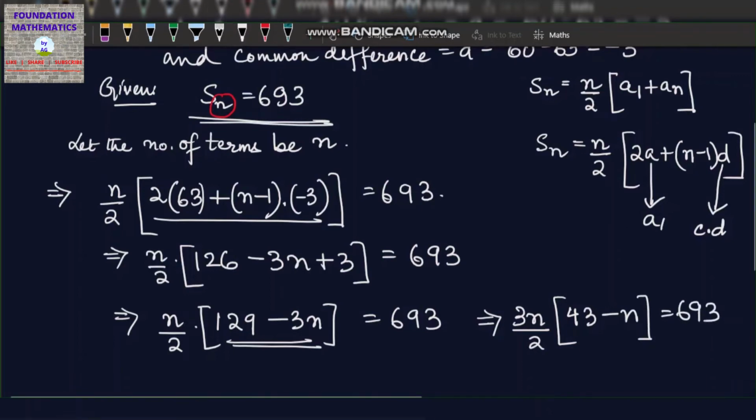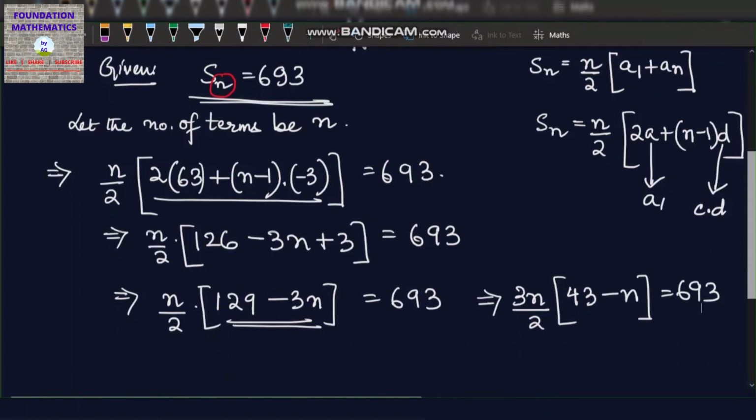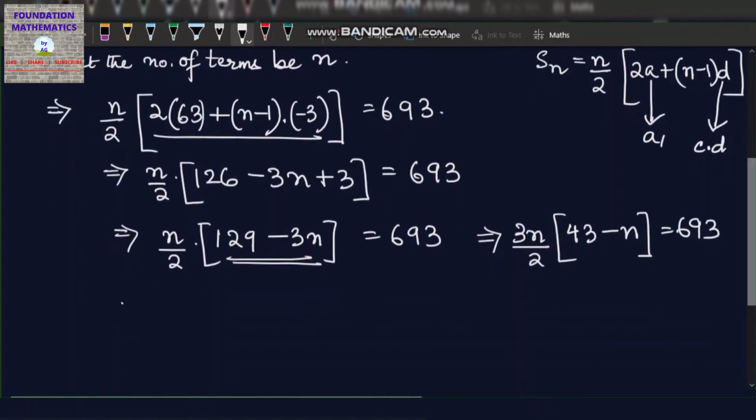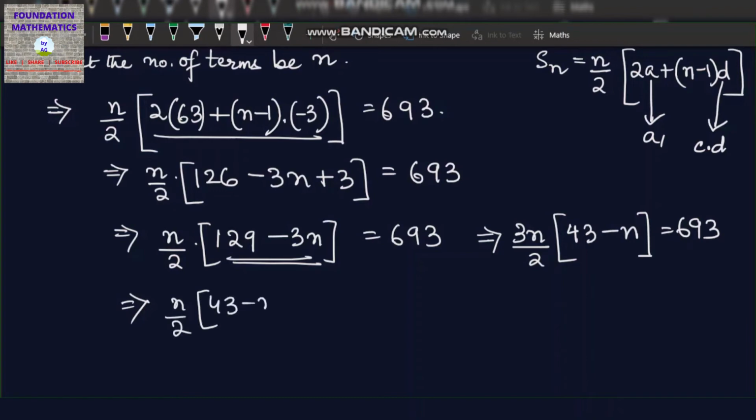So that means by dividing with 3 on both sides, we have n by 2 into (43 minus n) is equal to 231, because 693 divided by 3 gives us 231.